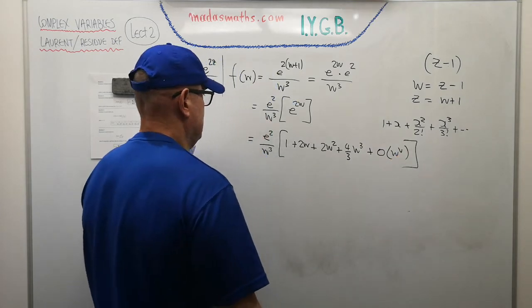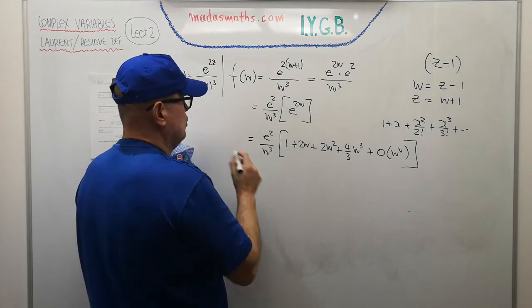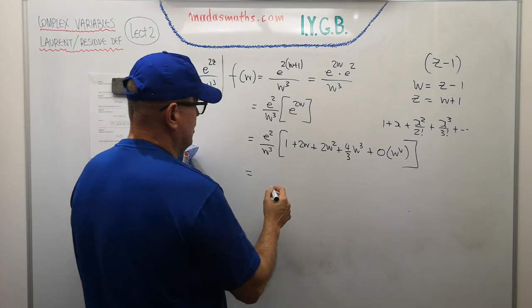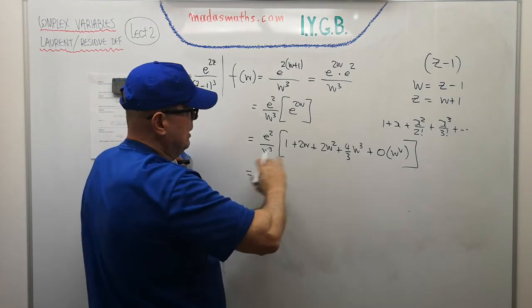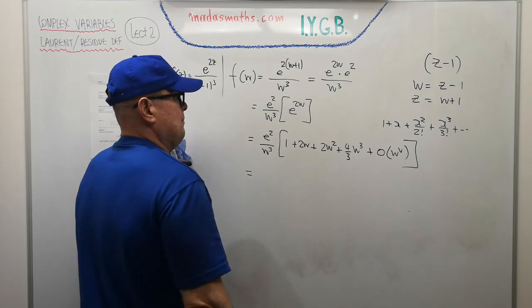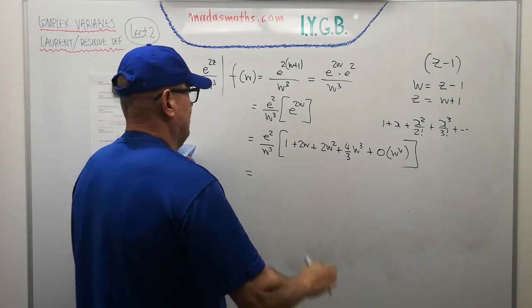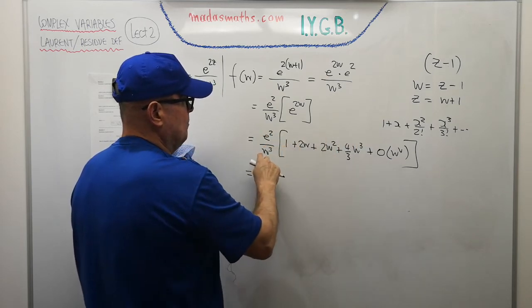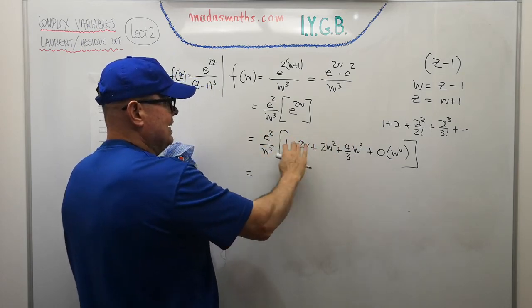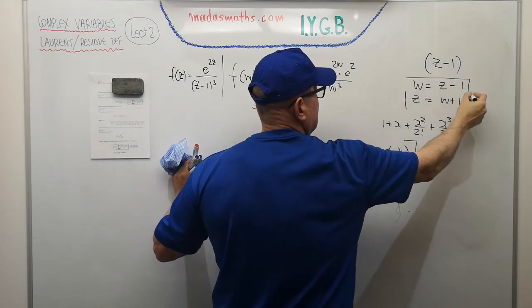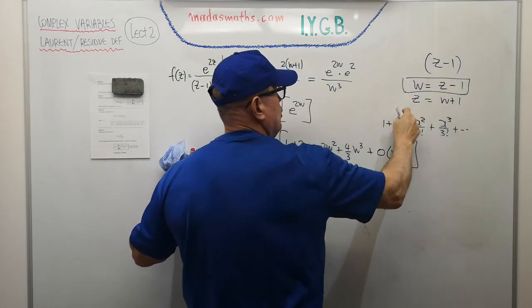And after that, it's just a case of multiplying it all out. The question says find the Laurent series. Yeah, it does say find the Laurent. I'm going to leave it explicit, this one. I'm not doing sigma. It's going to be a little bit of a mess. I hope you allow me to do two things. One is to multiply, putting the e squared obviously in every single term, but at the same time, after I cancel the w's, to be going back into z's according to the substitution that I used.